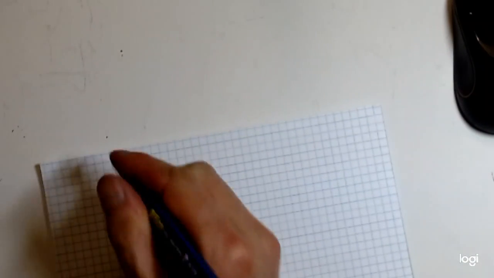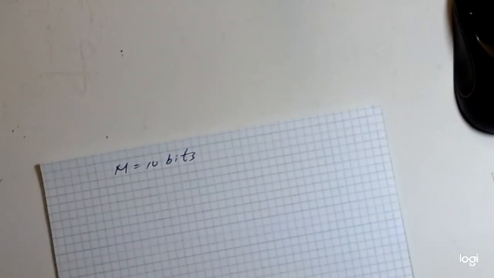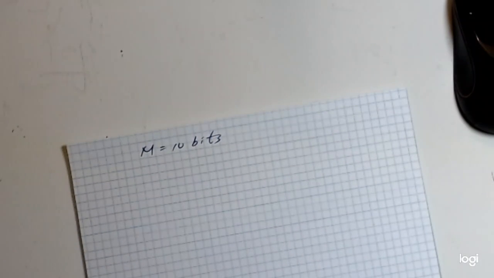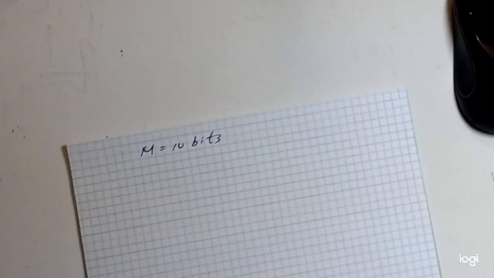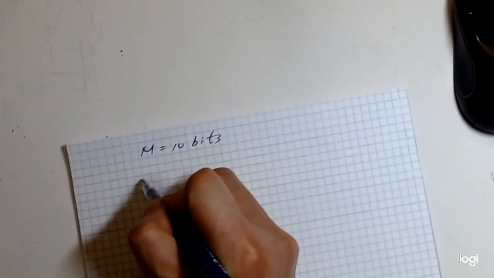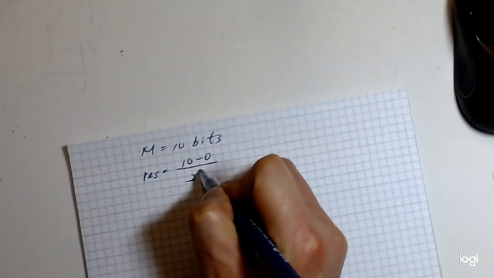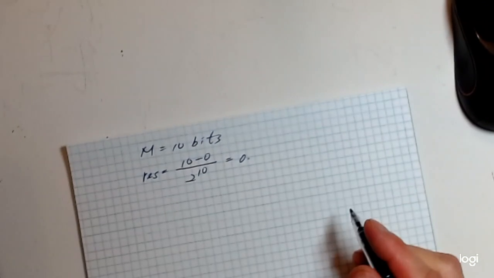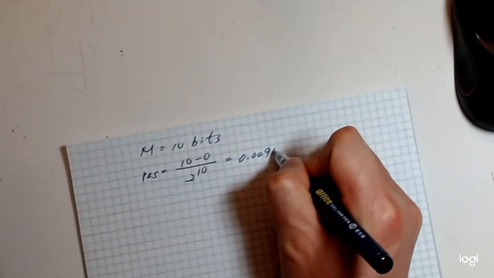Same problem if I have 10 bit. So what's the voltage? In that case, what's the resolution? So we have approximately 0.00976.